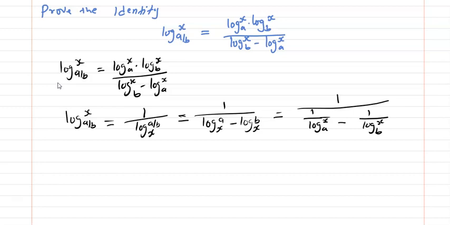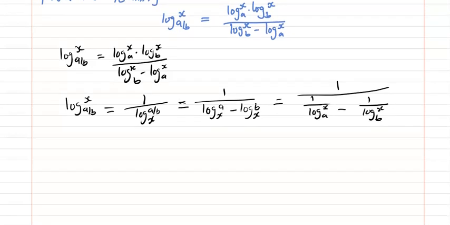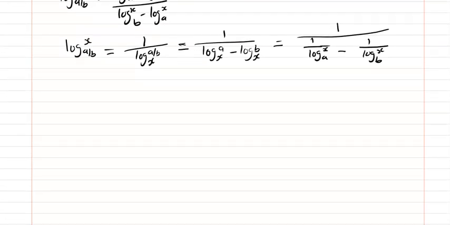Now what do we do here? The next step that we need to take now is to find the LCM of these. We know that the LCM of these is to multiply them together. From here now, we have 1 over the LCM of these, the same thing as log x to base a multiplied by log x to base b.